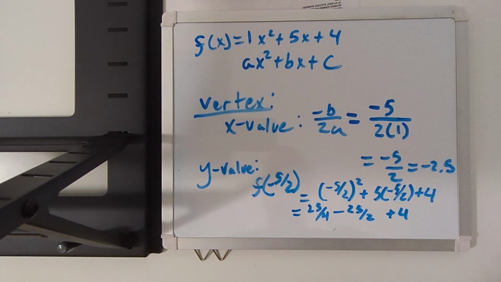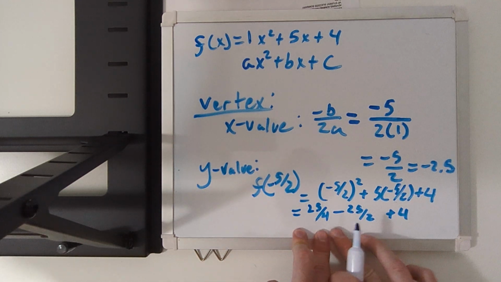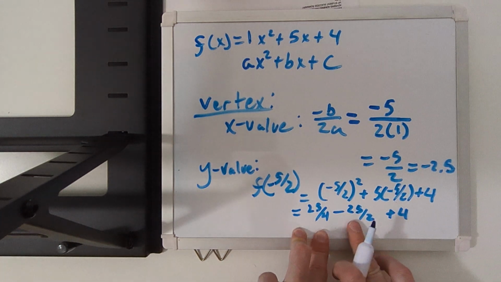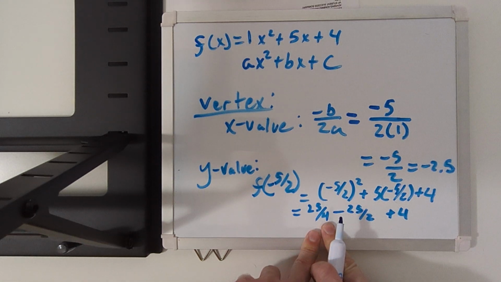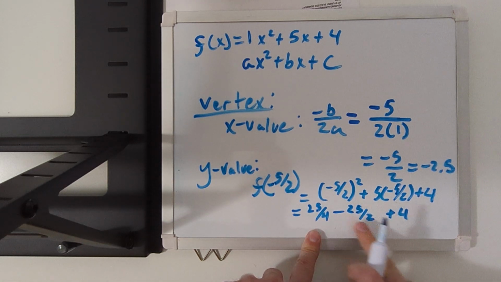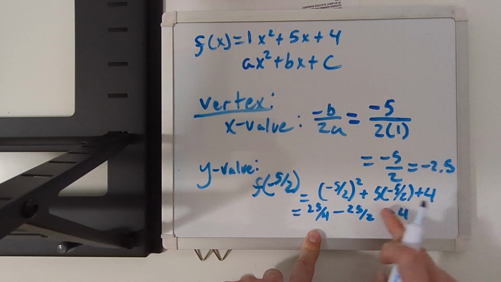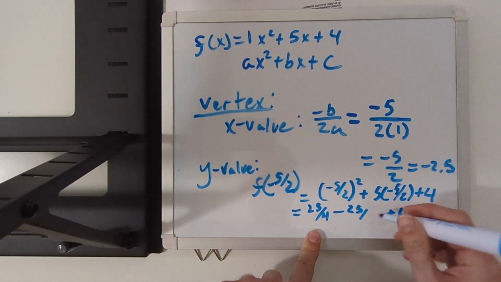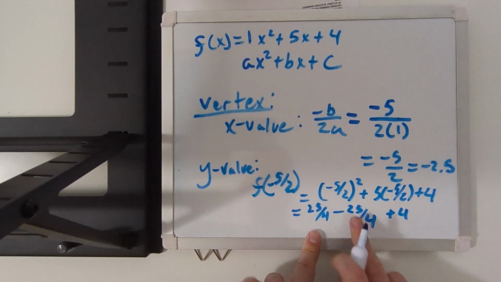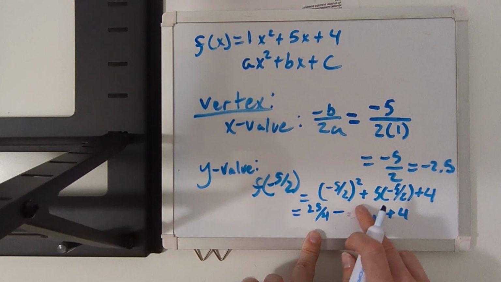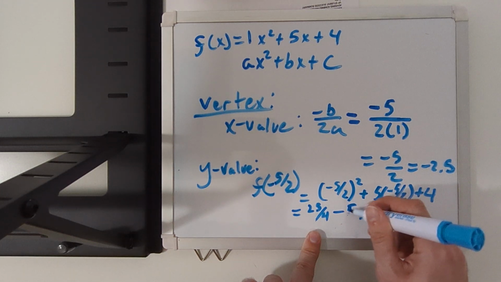And if I want to combine this into one fraction, we need a common denominator. So I'm going to go with the denominator of 4. So 25 halves, I want that 2 to be a 4. If I multiply the bottom by 2, I multiply the top by 2. So 25 halves is the same as 50 fourths.